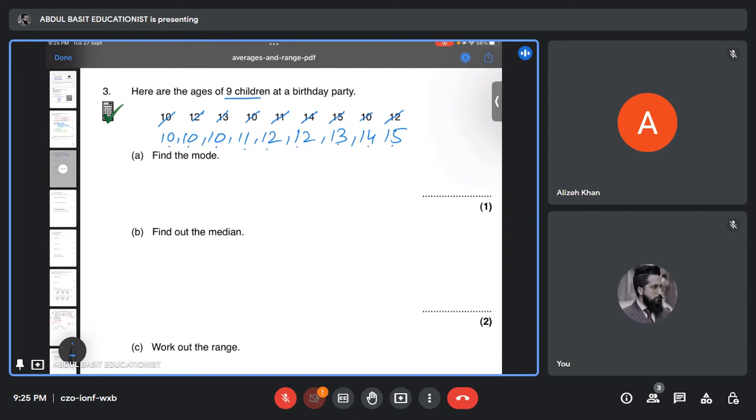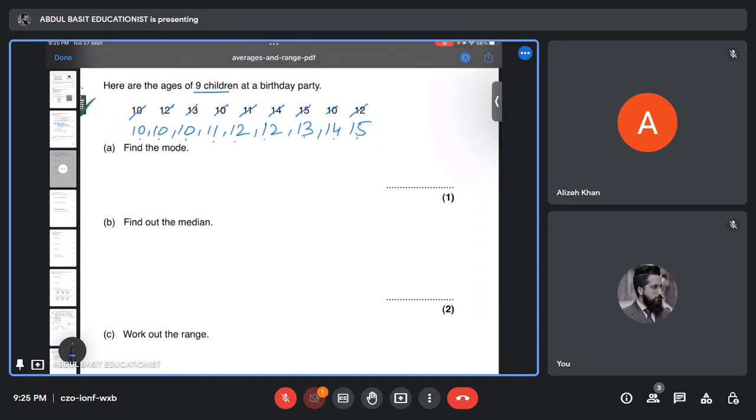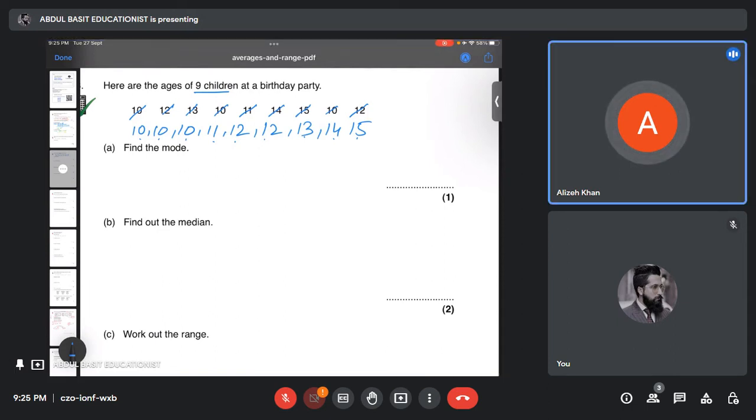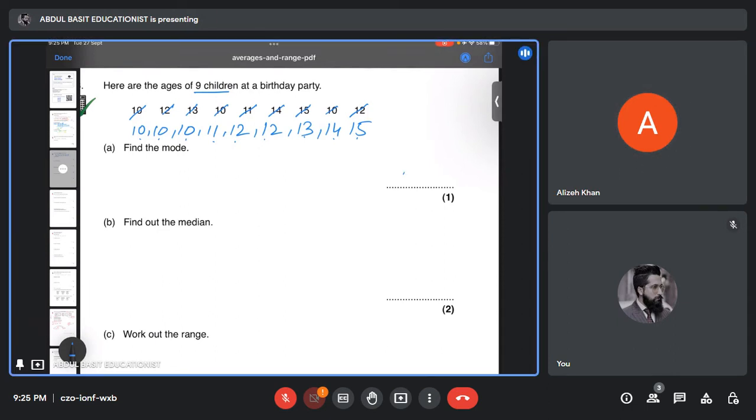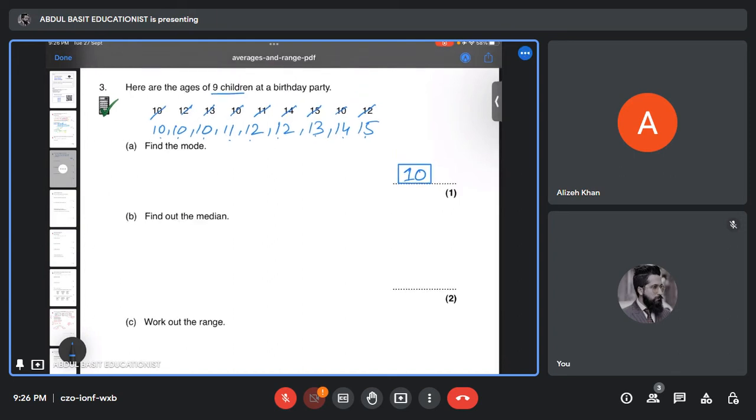Okay, the mode is, which number repeated, Eliza? 10, sir. Okay, so 10 repeated, so 10 is the mode of the data. Okay, work out the median. For the median, you have to arrange the data. The data is already arranged, as we can see. There are only 9 students, n is equal to 9. So we have to apply the formula for odd numbers.